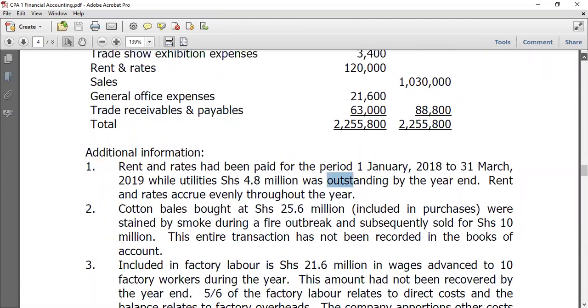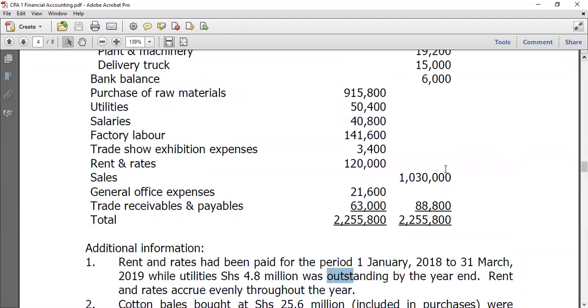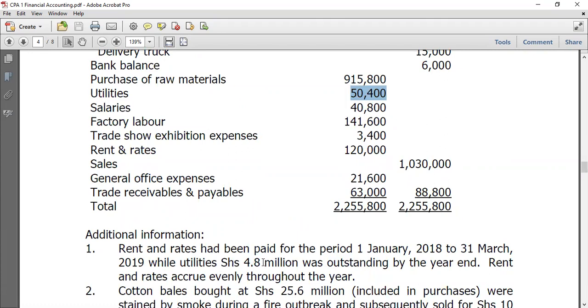So we go back and look at our utilities. Now the utilities that you're seeing here, this 5,400. If this is an adjusting entry, it means that this 4.8 is not included within the 5,400. You get it? Now when you're in an exam, you use a pen to make sure that you correlate these things.